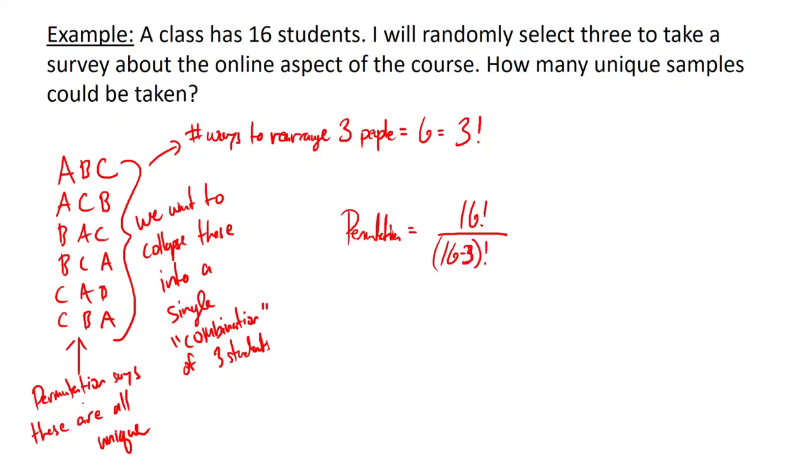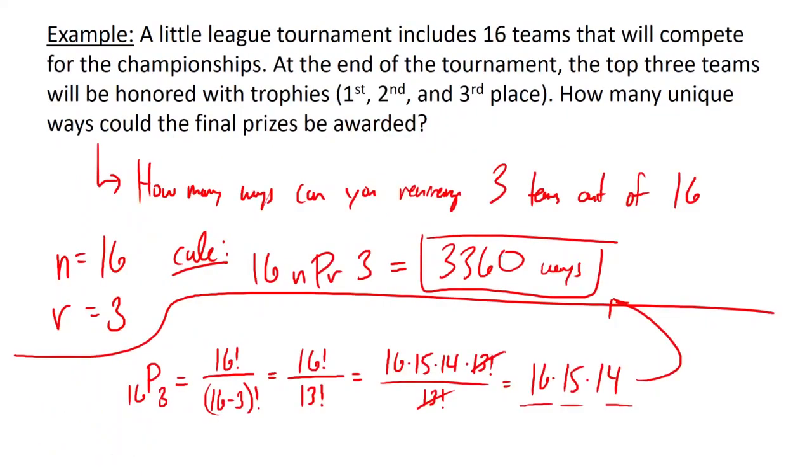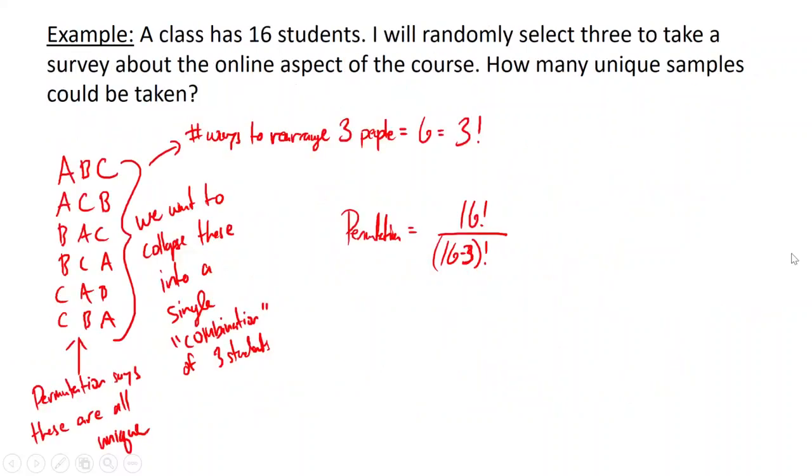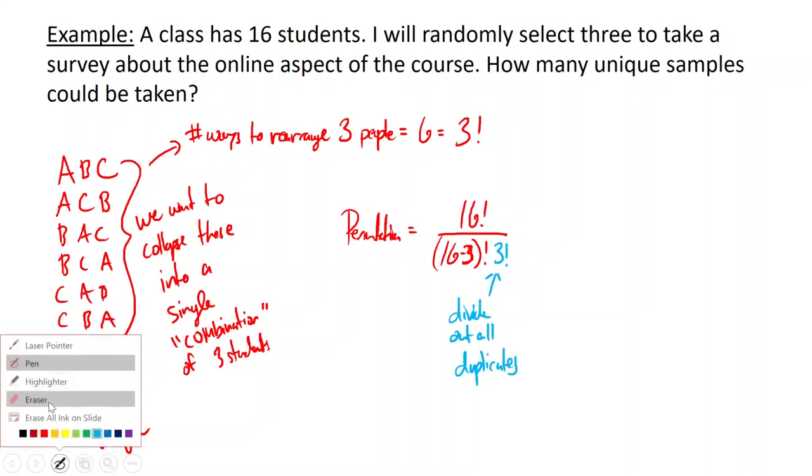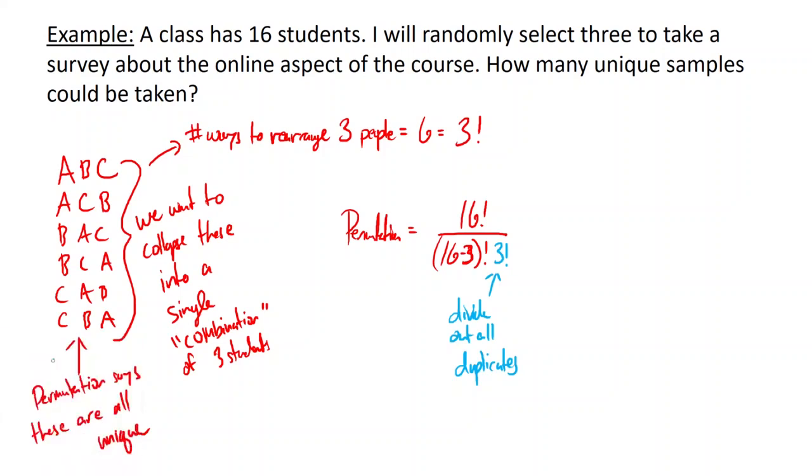But now we want to come behind, and recognize that inside of those 3,360 rearrangements, there's tons of duplicates. For every group of 3 people I could pick, there's 3 factorial duplicates. So we're going to divide out all of the duplicates, and then it's going to turn into a combination.